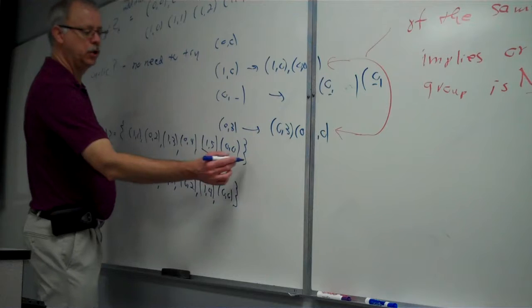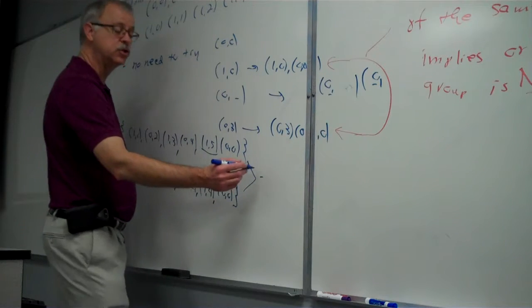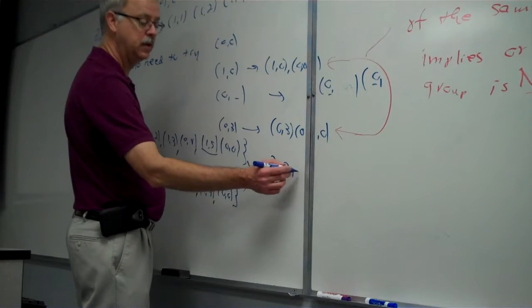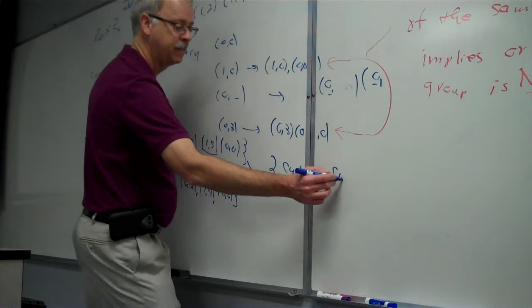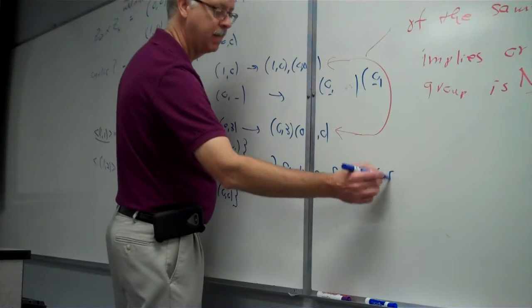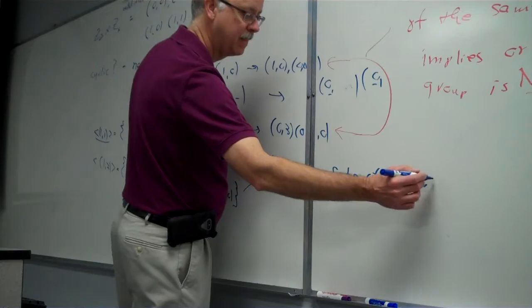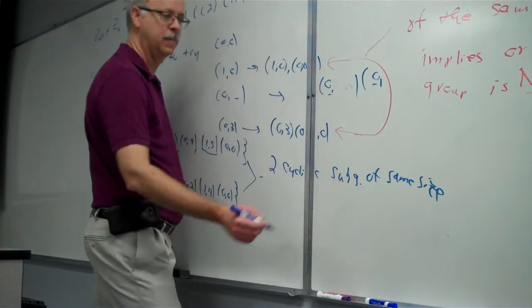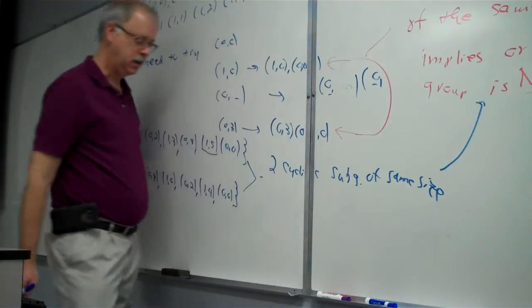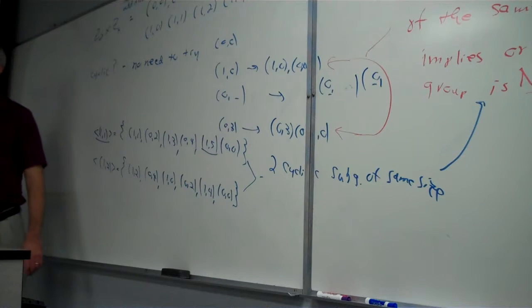And again, 2 subgroups of the same size, 2 cyclic subgroups of the same size that are not the same. Tells us the group can't be cyclic.